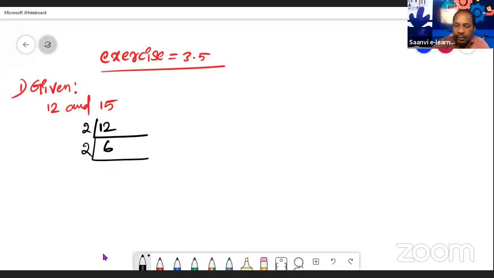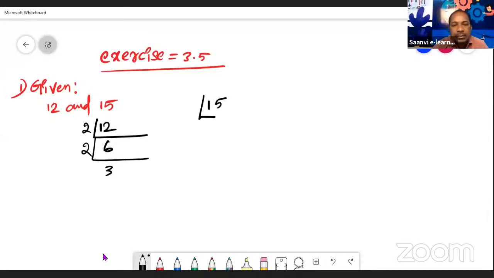Until we get a prime number at last, we have to continue this process. Here, at last we have got a prime number. 3 is the prime number. So stop the process here. And the next number is 15.